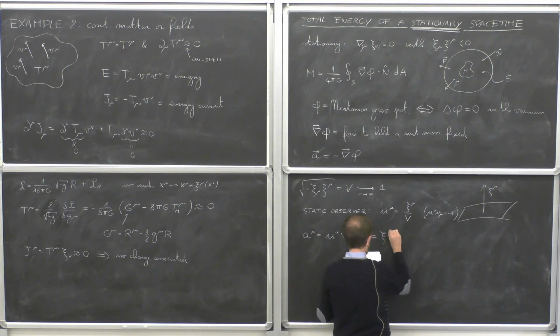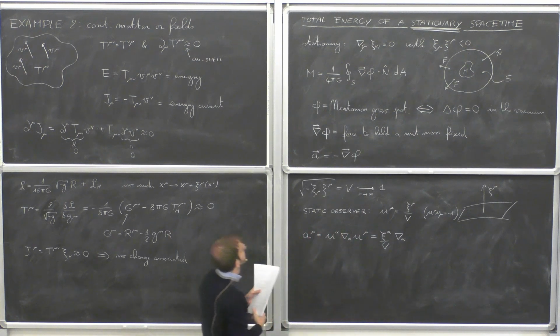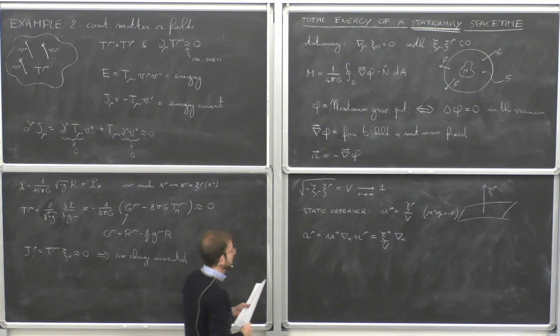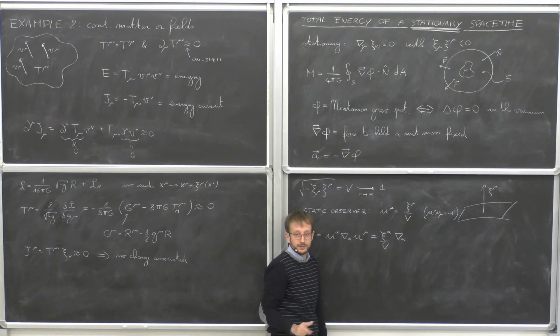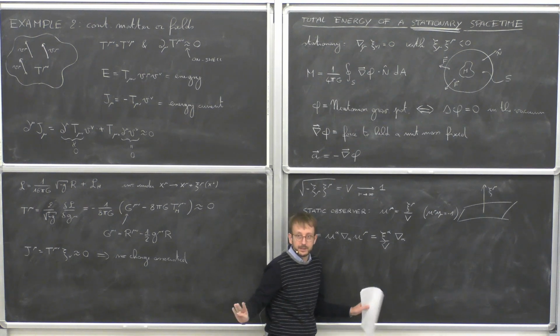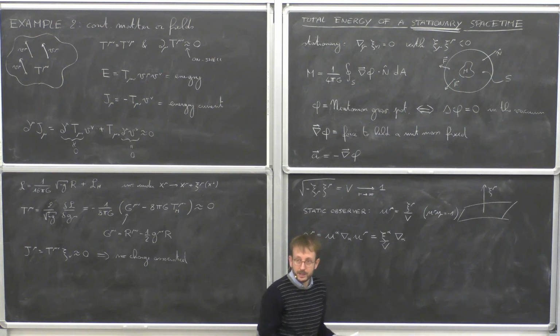And the acceleration will be evaluated as follows. By the way, maybe nobody complained, but what I have here is just the covariant derivative which is associated to the Levi-Civita connection. So for the moment, I'm really in a very basic standard GR setup.